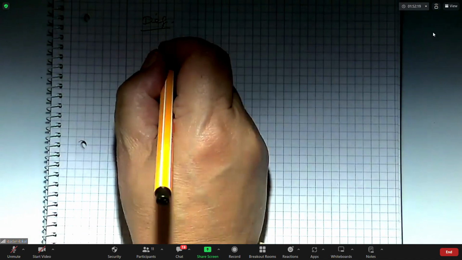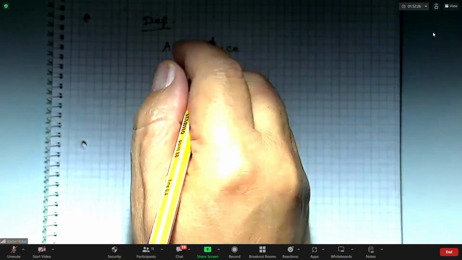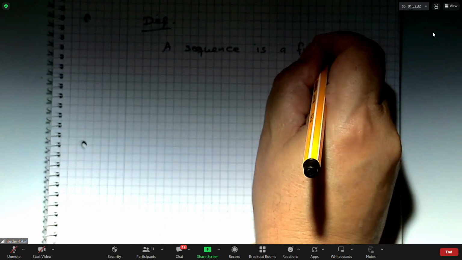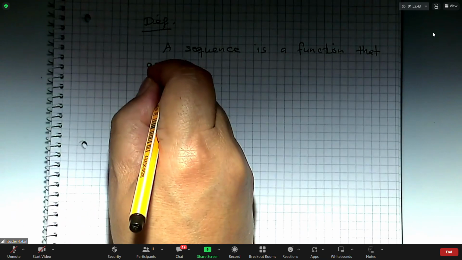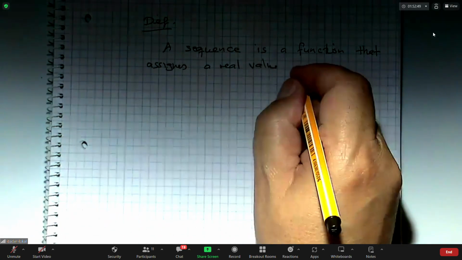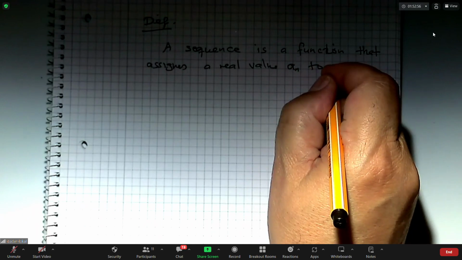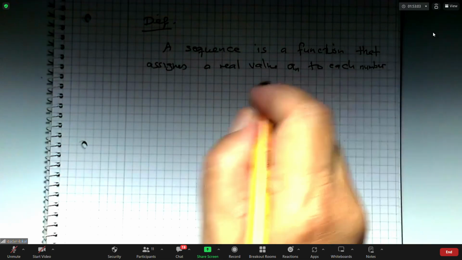Okay, a sequence is, this is another way to look at the sequence, and this is what we will be using, simply a function with a special domain and assigns a real number, we will call it a sub n, to each number n.